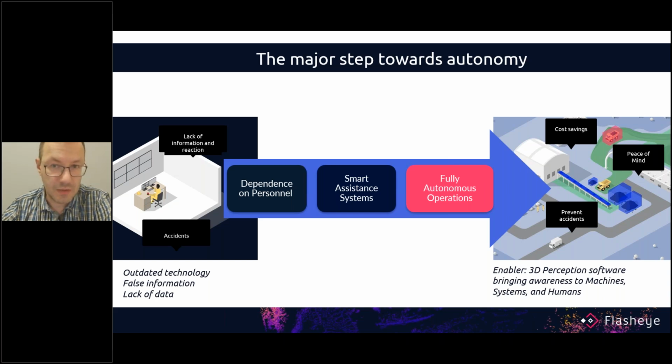We believe there is great room for improvement in these kinds of scenarios with smart assistance systems, where the smart assistance system initially can provide warning information about where to focus the attention, where there is potentially a problem, leading in the end to fully autonomous operations, where the infrastructure will operate on its own, and people will be notified on demand whenever there are some uncertainties or anomalies happening.